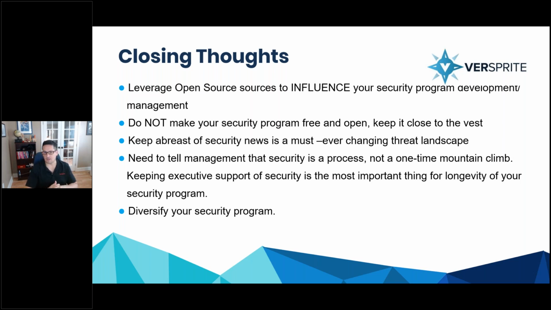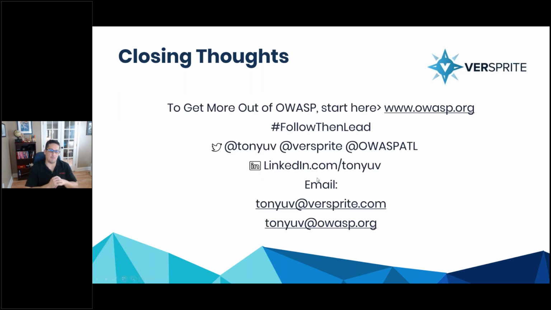One thing I haven't mentioned here as a closing thought is definitely to leverage the power of threat modeling as an overall wrapper. If you want more information, you can Google the word PASTA and threat modeling. It's a methodology that has governance baked in. It has defining your attack surface.